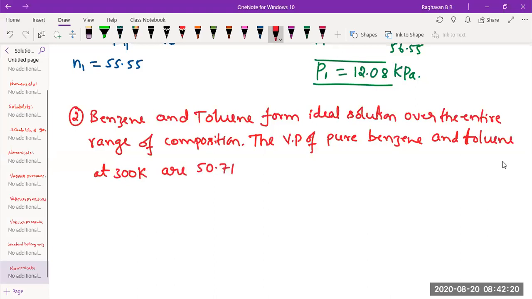50.71 millimeter mercury and 32.06 millimeter mercury respectively.